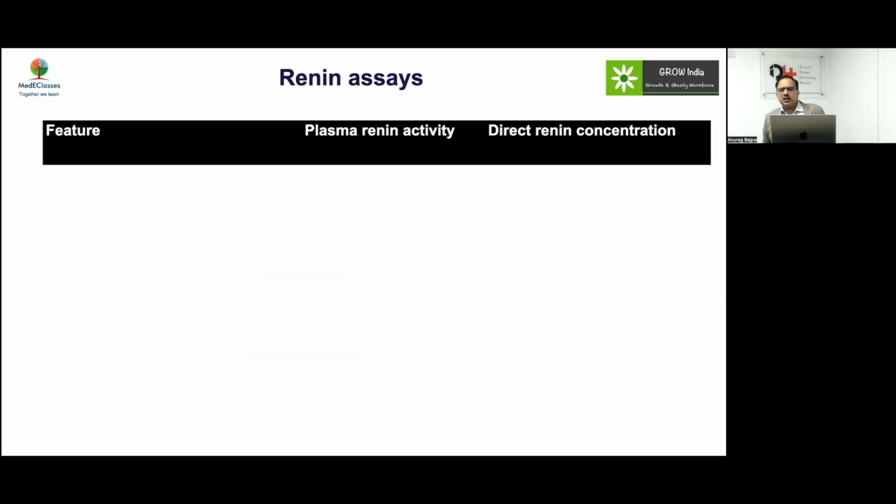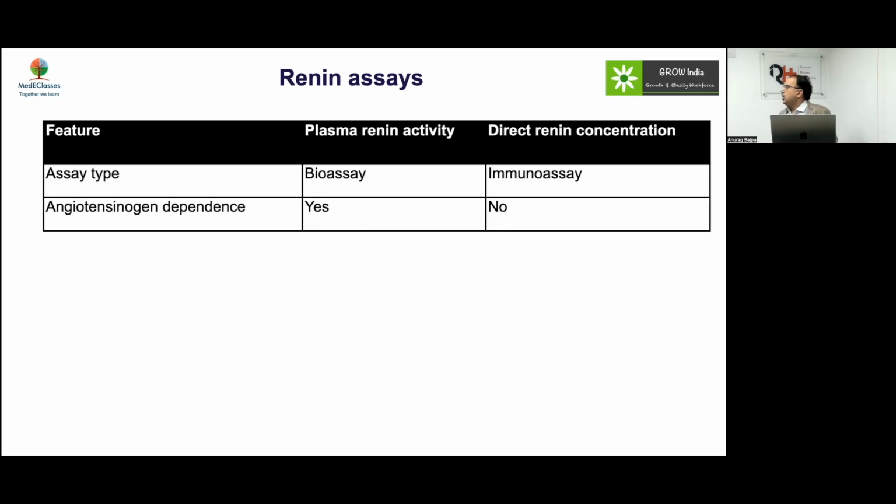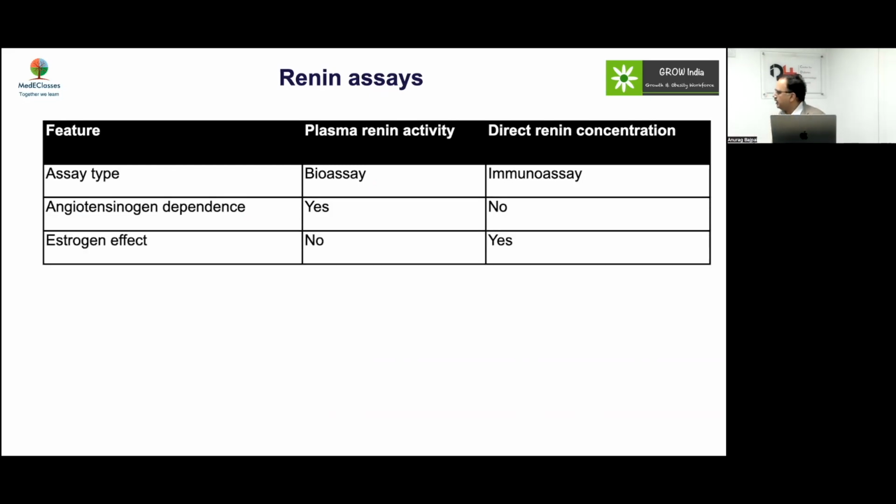Now, we all know that there are two types of assays available. One is the plasma renin activity and the other is the direct renin content. So plasma renin activity is basically a bioassay, and direct renin is essentially a form of an immunoassay in which you are measuring the renin content. Now, very importantly, the renin activity will depend upon angiotensinogen, how much angiotensinogen is available there, and it is not affected by estrogen.